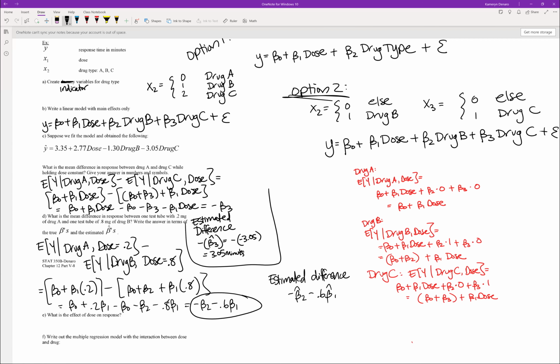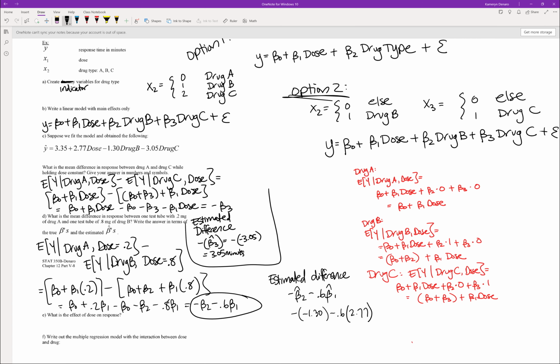All right, negative beta hat 2 is going to be negative 1.30 minus 0.6 times beta hat 1, 2.77.